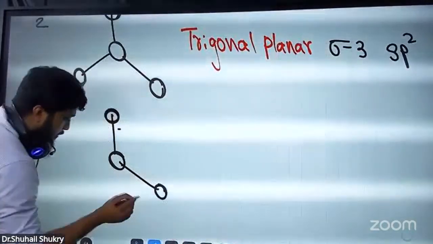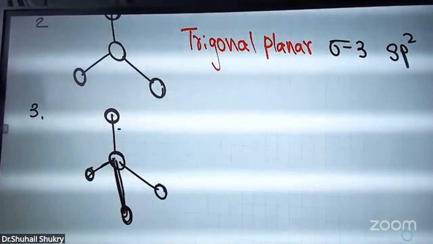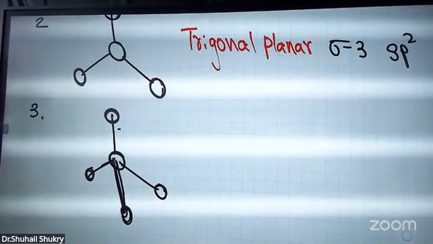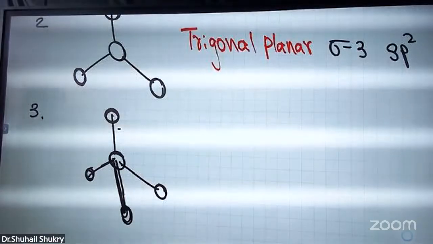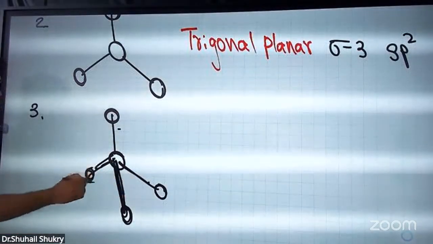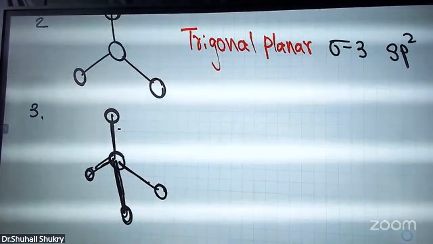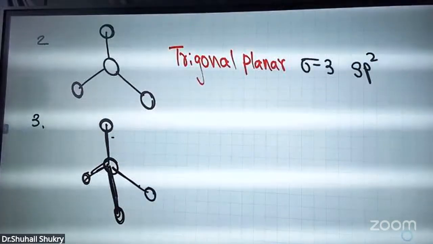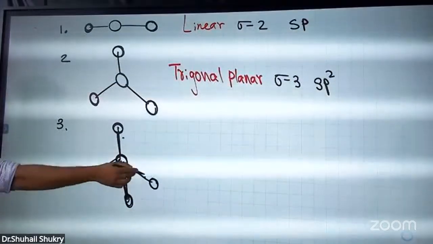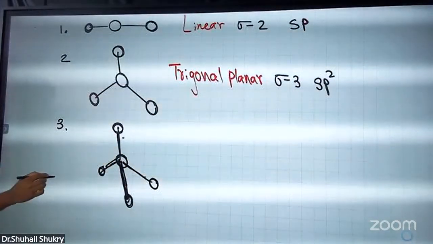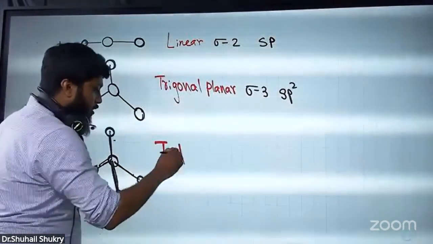But I can give you an example: you can think about a tripod, how the legs are there, and this one also. When you join these points, you will get a tetrahedron. So we call this shape tetrahedral.